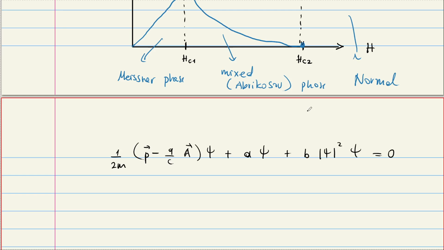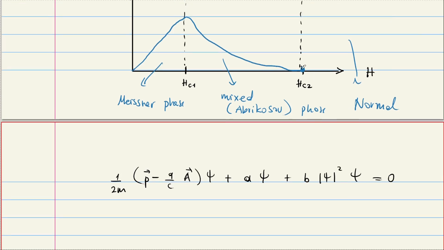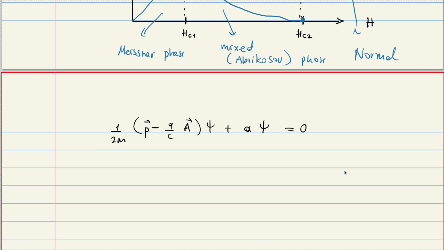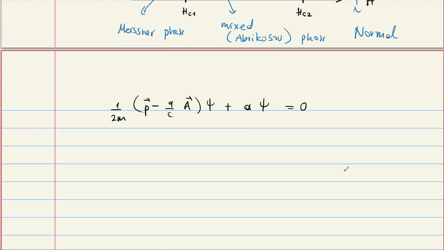However, like I said, here superconductivity is almost destroyed. That means the order parameter should be vanishingly small. So there's a good reason for us to neglect this term, and then we can think about adding it later. So let's drop this term, which is done by Abrikosov, and we need to solve this equation.